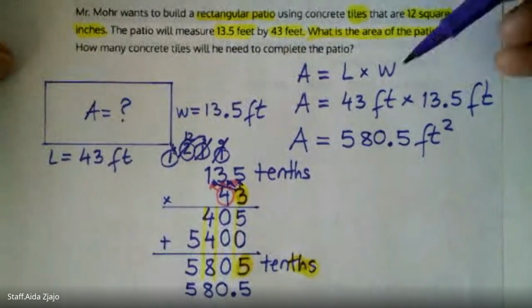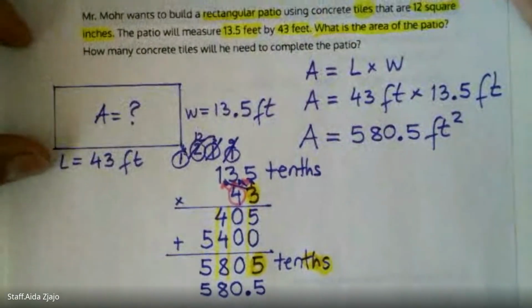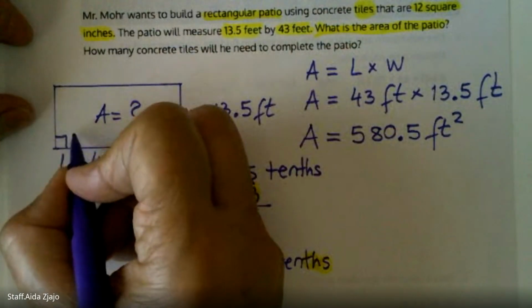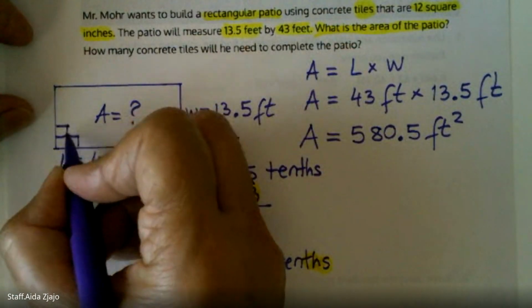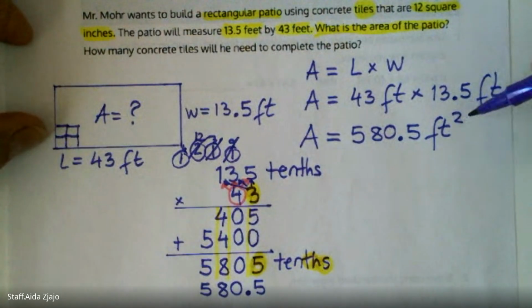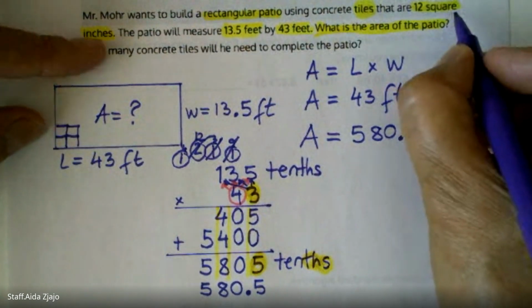So this is how many squares will cover this. Imagine these are the tiles that will cover this area. That's what we need. But these are feet squared, and they say the tiles are 12 square inches.